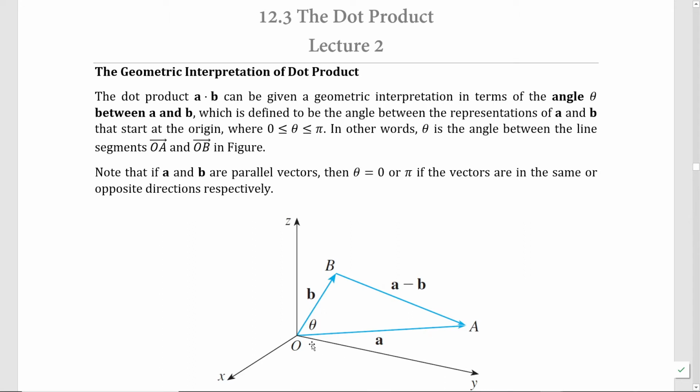Now let's discuss the figure. We have a vector A whose representation is the line segment OA, and we have another vector B whose representation is the line segment OB.